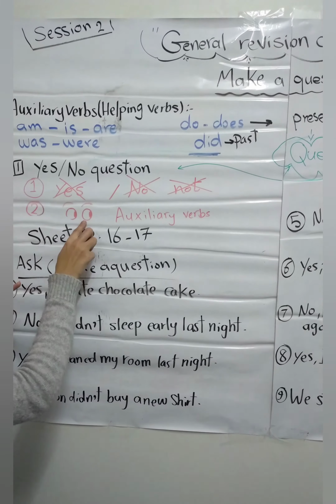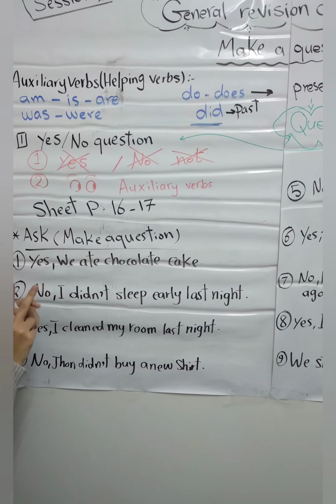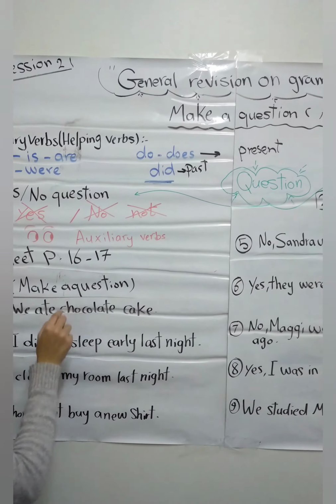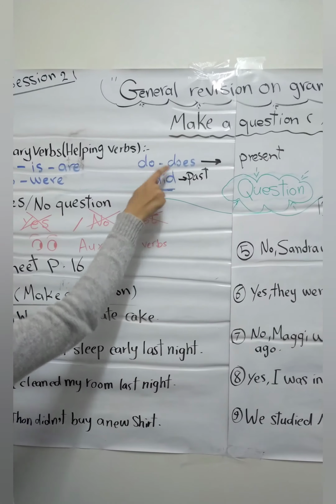Step number 2, search for auxiliary verbs or helping verbs: is, are, was, were, do, does, did. If they exist, like is, are, was, were, make a cross. If they don't exist in the sentence, we put do, does, did ourselves.